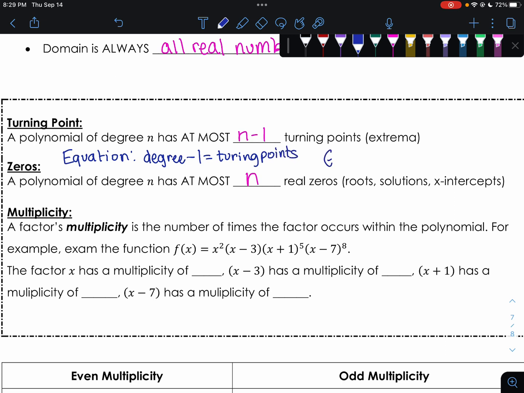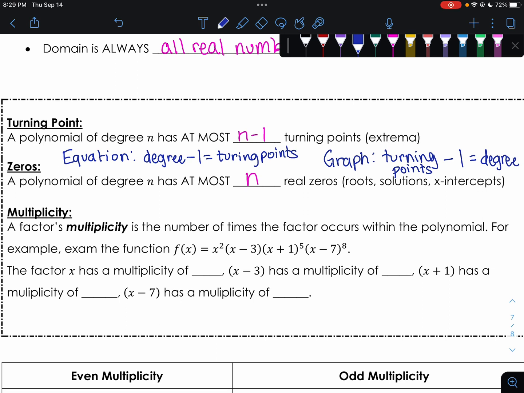But if I'm given a graph and I count the number of turning points and I need to find a possible degree, I'm going to take the turning points minus 1, and it gives me the degree, or the potential degree.